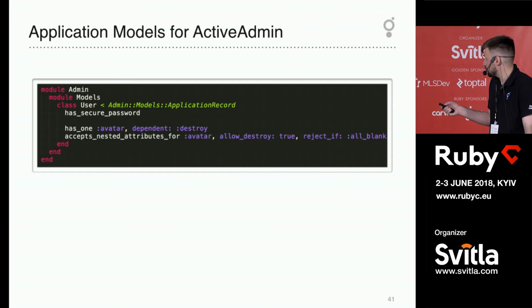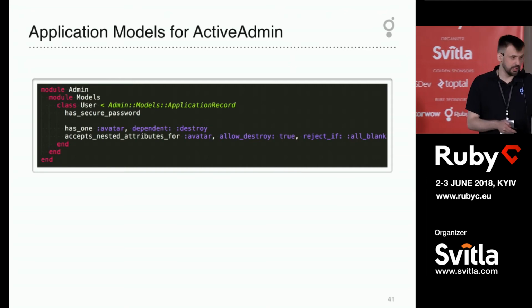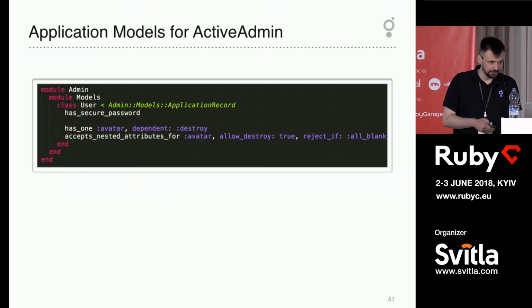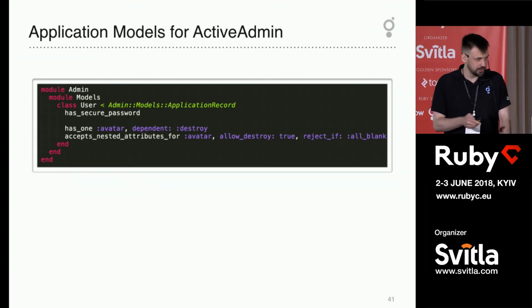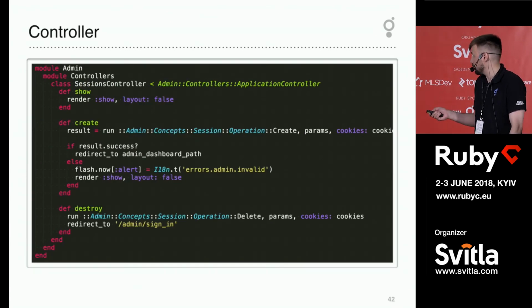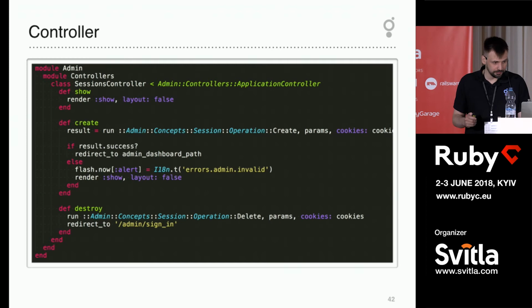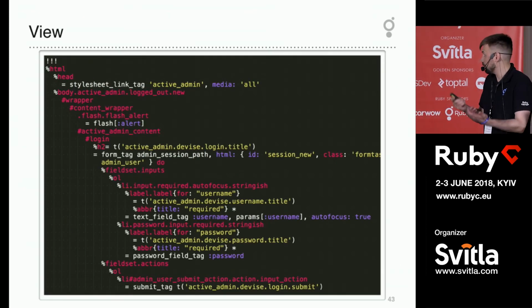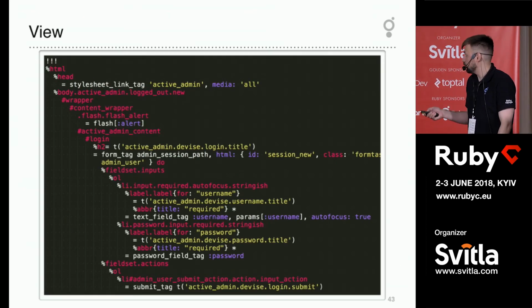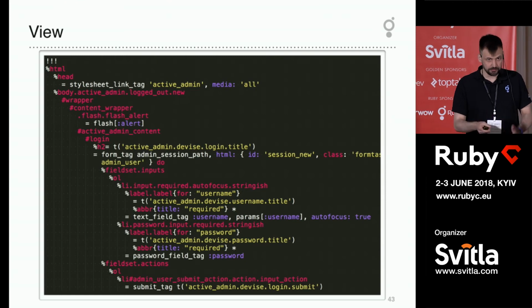As I mentioned, we continue to use the standard way of Active Record and the Rails way, but only for ActiveAdmin. And inside of our controllers, we can use the same approach with operations and with the domain logic. We can use views only for a separate application, because Storefront and admin are two separate applications.